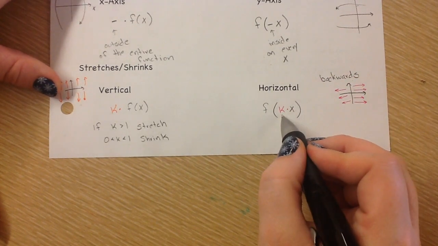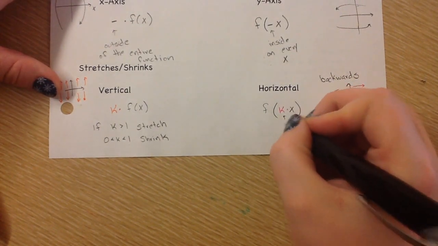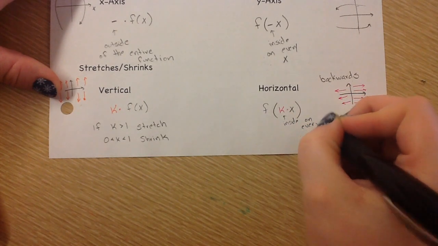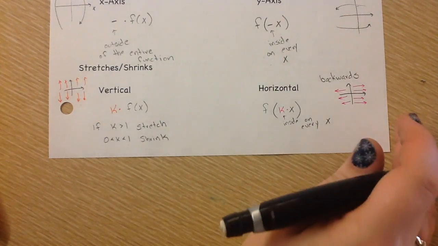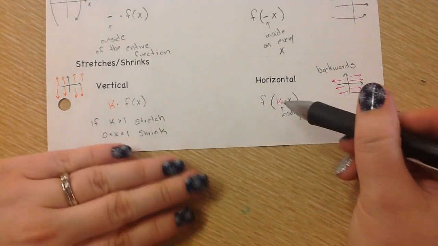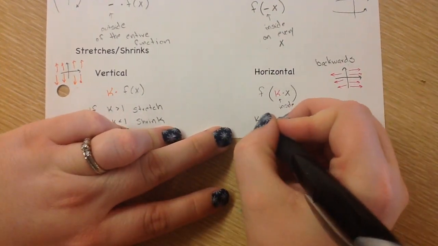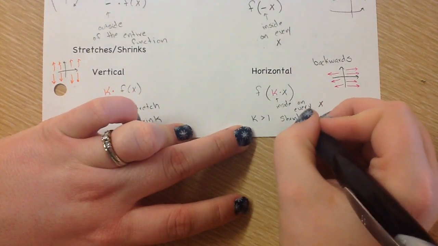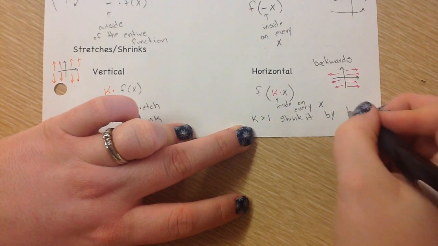I multiply that k by every single x, so it's inside on every x. But again, this one works backwards. If k is greater than 1, it's going to shrink it by 1 over k, the reciprocal.